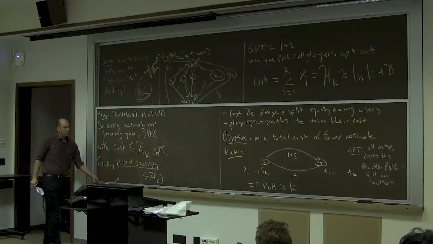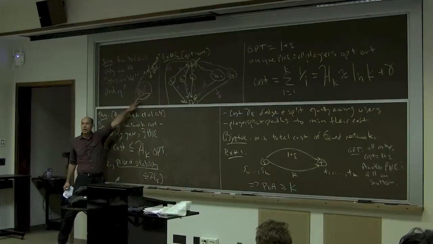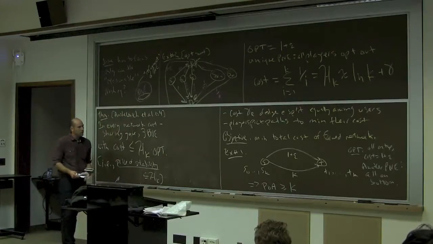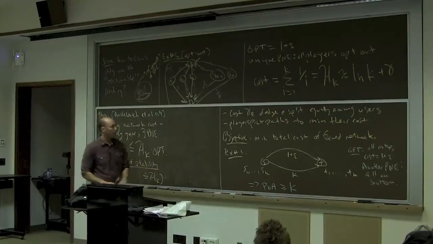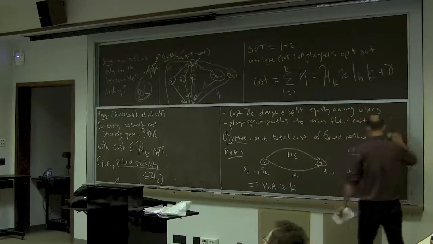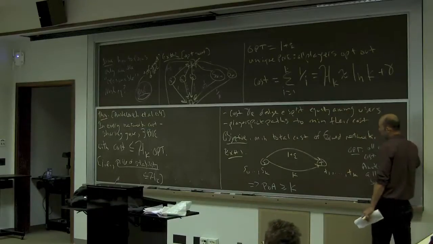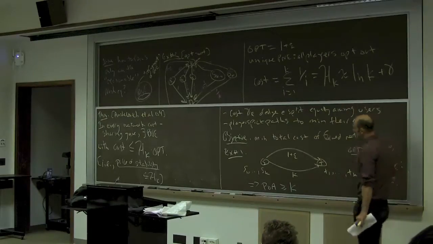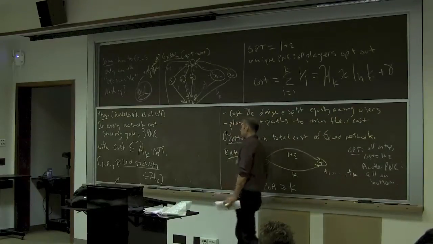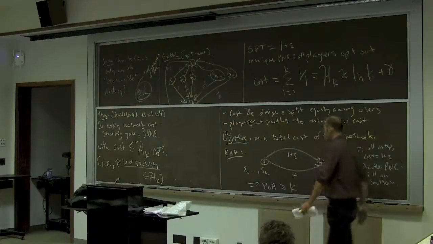Now I said when you are trying to restrict yourself to a subset of pure Nash equilibria, what you want are two properties. One property is that you get a significant benefit in terms of the worst case upper bound that you can prove, and you do. In contrast to this linear bound for arbitrary equilibria, we get a logarithmic bound for this best case, if you will, equilibrium.